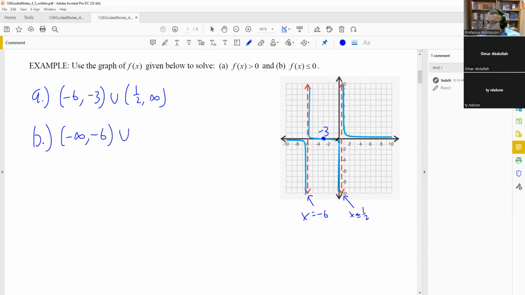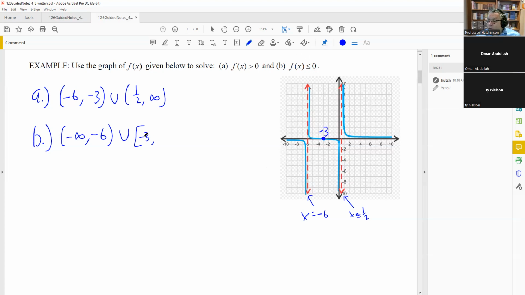Okay, now there's another part of the graph that's below the x-axis, and that's from -3 up to the dotted line up to the 1/2 line that we have there. Okay, so this is going to be now -3 this time. That's okay to include a bracket. I'm including a bracket because at that point, the y value at -3 is 0, and we do want to include that because it's got the equal sign underneath in the original one.